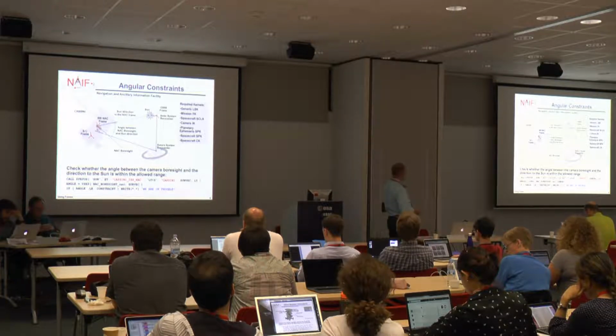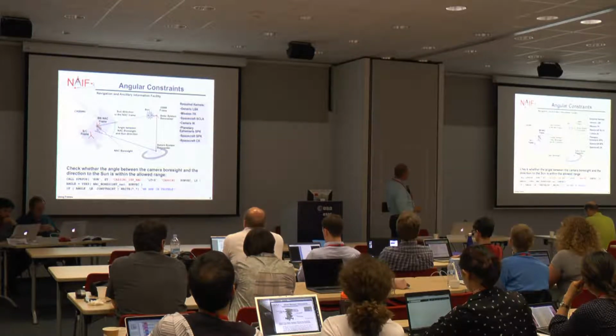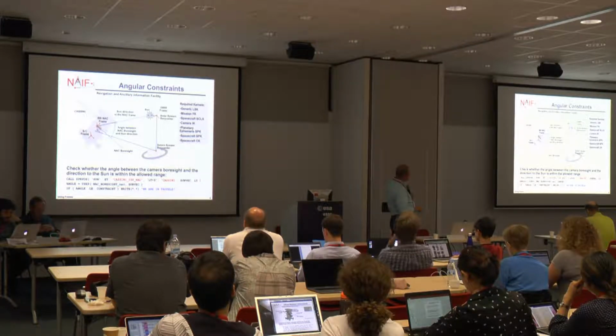It seems like it's just one call that does everything for you, but a lot of data is needed in the SPICE world to make this call. You're looking for this vector. In order to compute this vector, SPICE needs to determine the position of the sun with respect to Cassini.